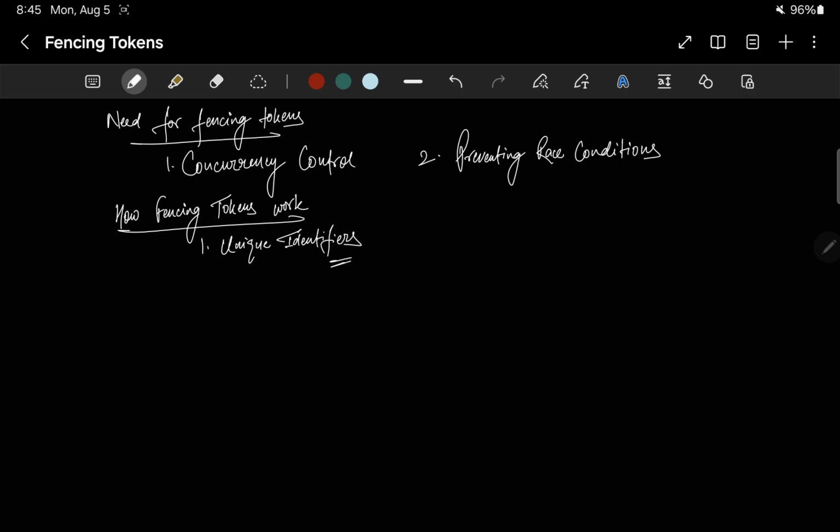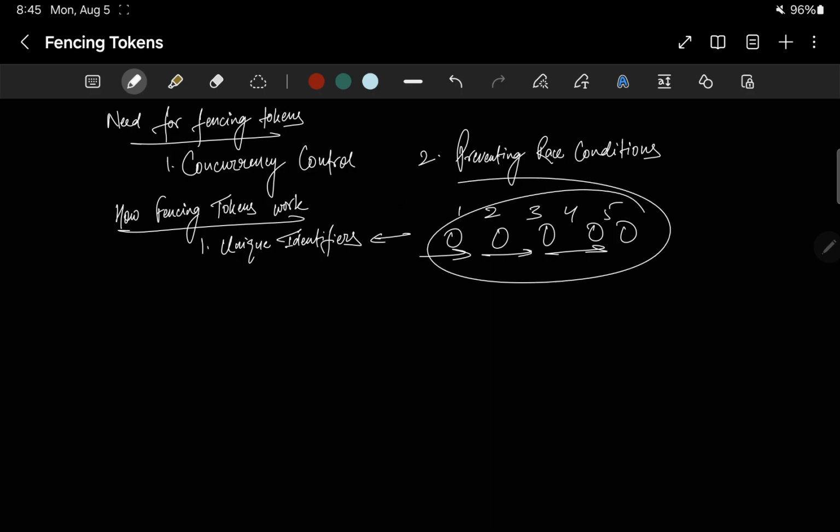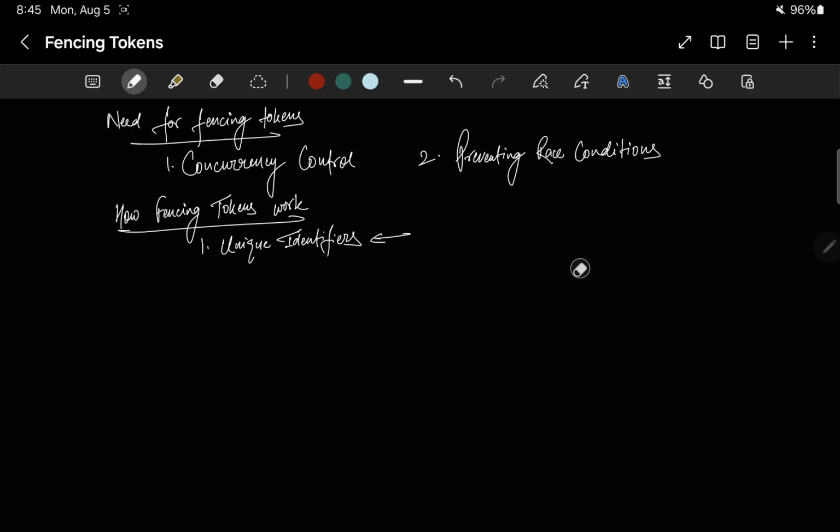So there will be a distinct, unique identifier. This unique identifier serves as a fencing mechanism, creating a strict order for the execution of operations across distributed nodes. So this unique identifier, which is assigned to each node, decides the order. This creates a strict order, right? That's how the unique identifier works in fencing tokens.